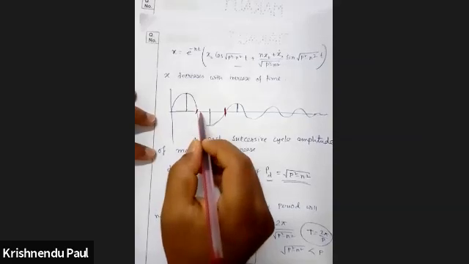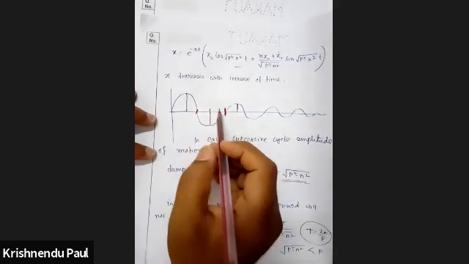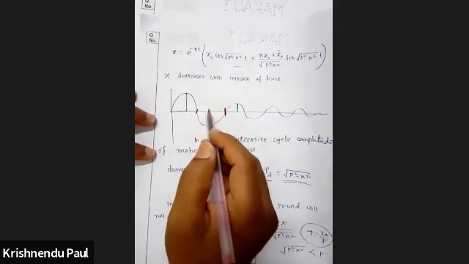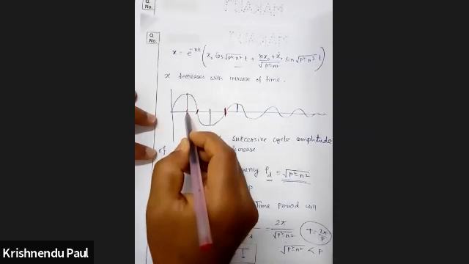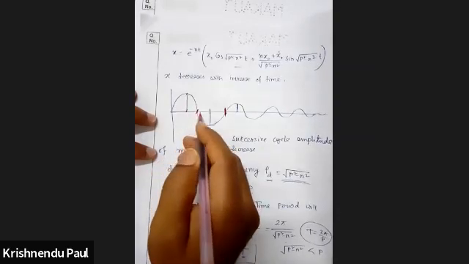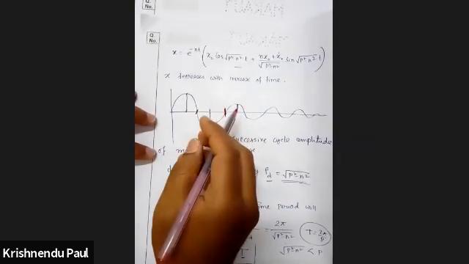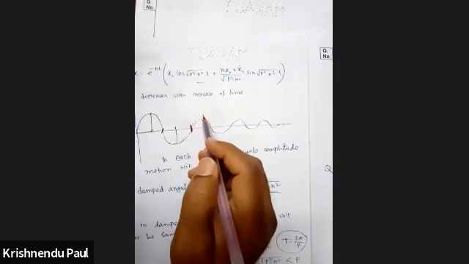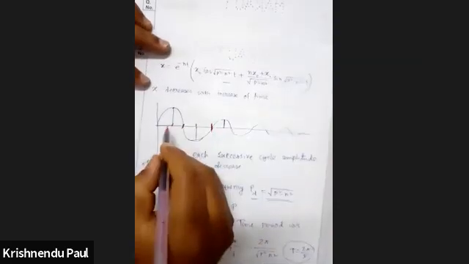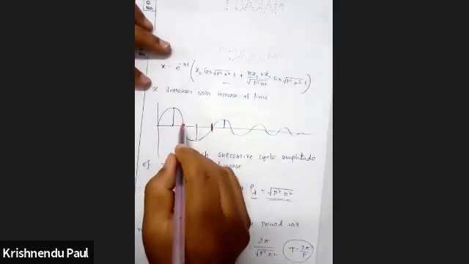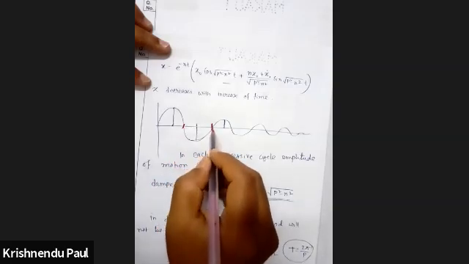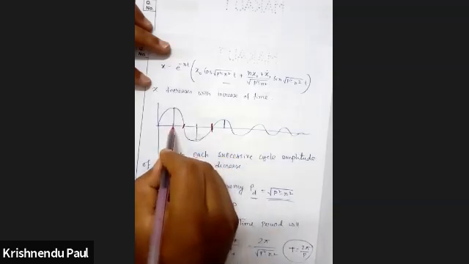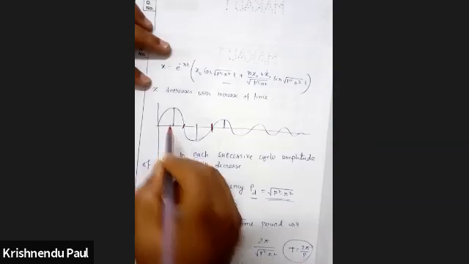So here it is 5/2 pi, and here pi by 2. So t equal to pi by 2.